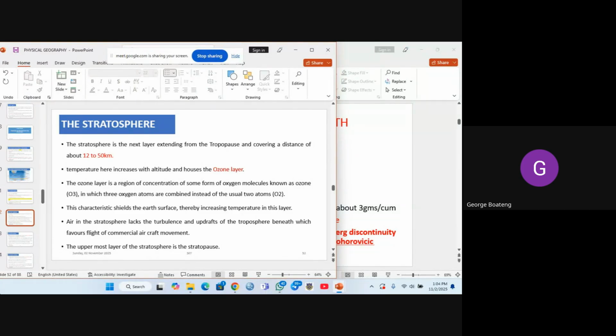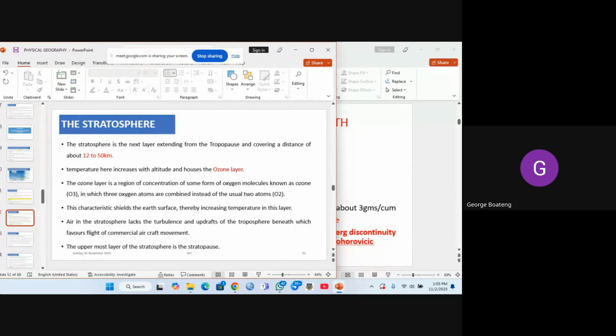Now, one thing is that this layer is very, very stable because we don't have any turbulence in that area. We don't have any updraft and downdraft here.